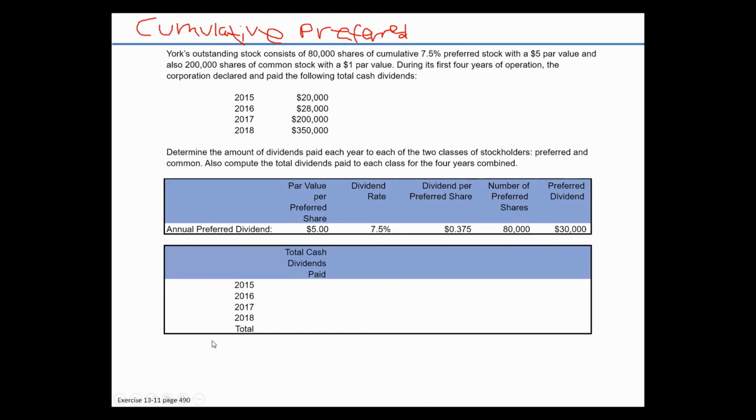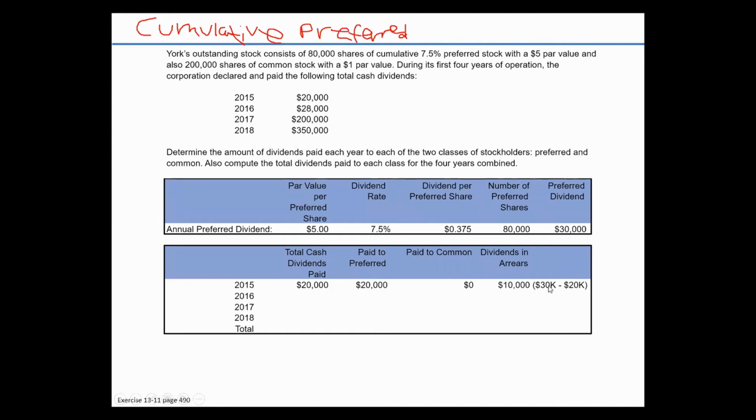But notice here, the total cash dividend that would be paid in 2015 is $20,000, and all of that would be paid to the preferred. Common would not get any, but that's going to put us in arrears of $10,000 because this is a cumulative preferred stock this time. We still owe our preferred stockholders $10,000.